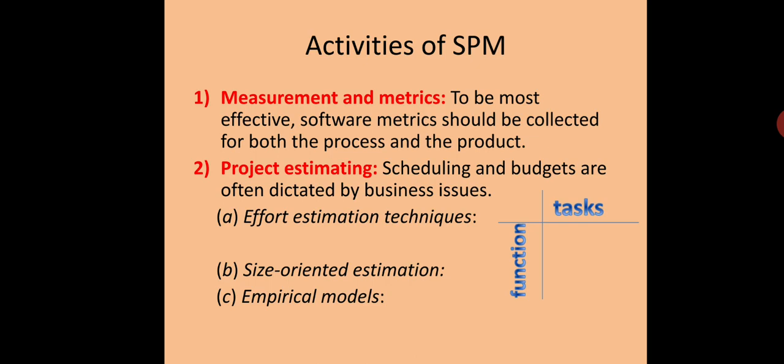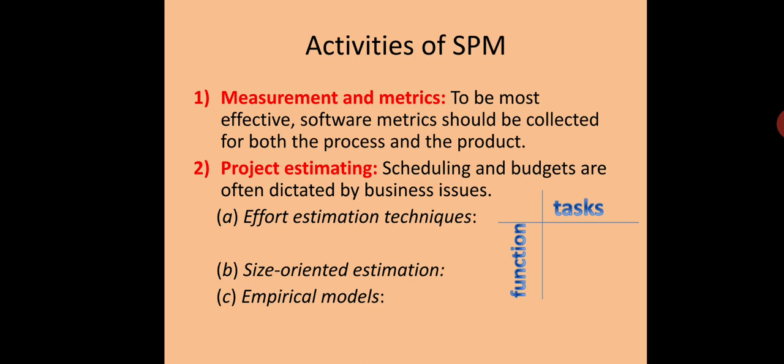Based on past data available, you use a model with metrics which could be lines of code or function points, and using that you can predict upcoming projects, as in how many lines of code or how many function points that project will require, based on the past data available.